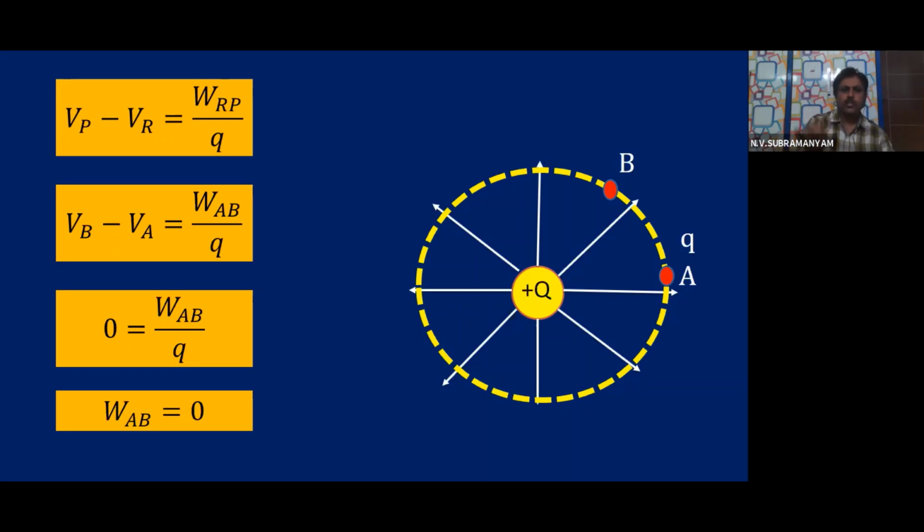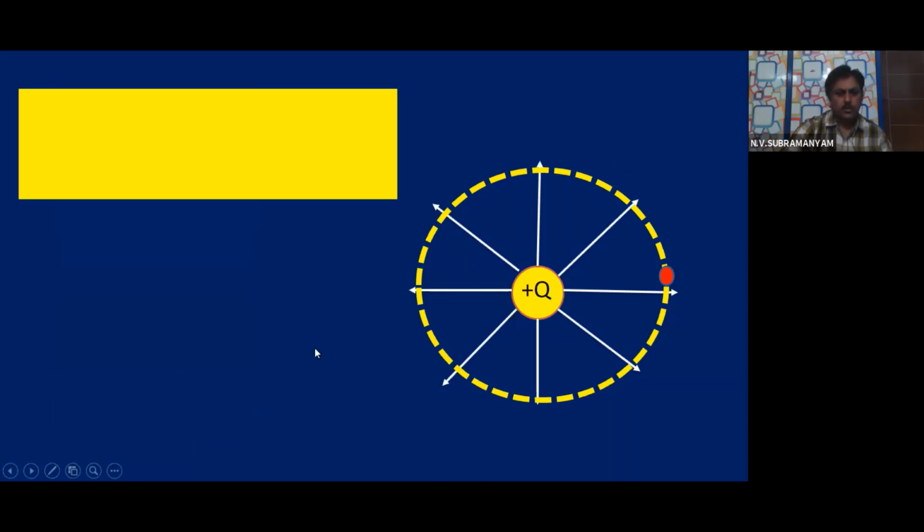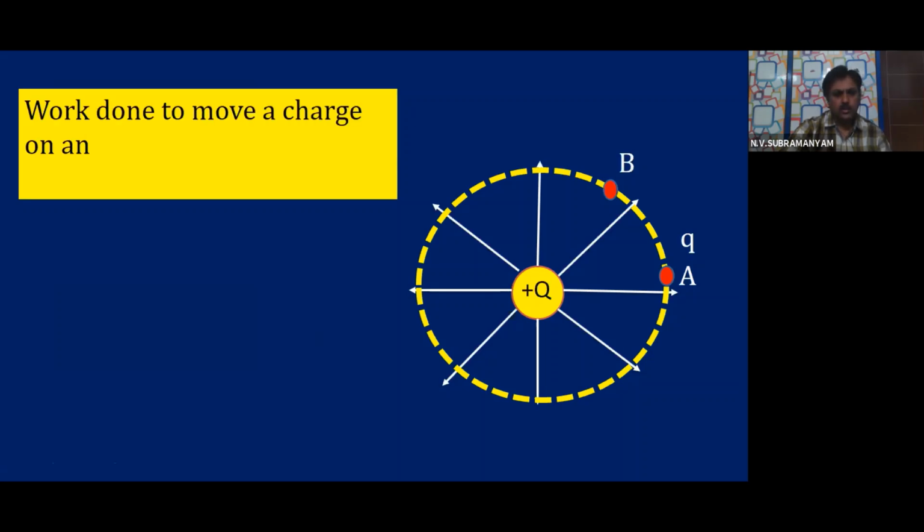So if you move a charge on the sphere, work done will be 0. This is the reason for what we have calculated here. Such points are important for your entrance examinations. Please remember these minute points. Work done to move a charge on an equipotential surface is 0.